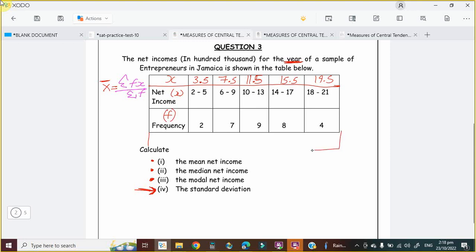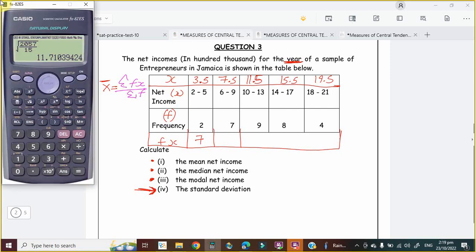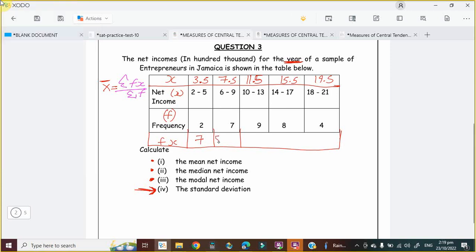So now we need our f times x column, right? So 7 times 7.5, that's 52.5. Now 11.5 times 9 is what?